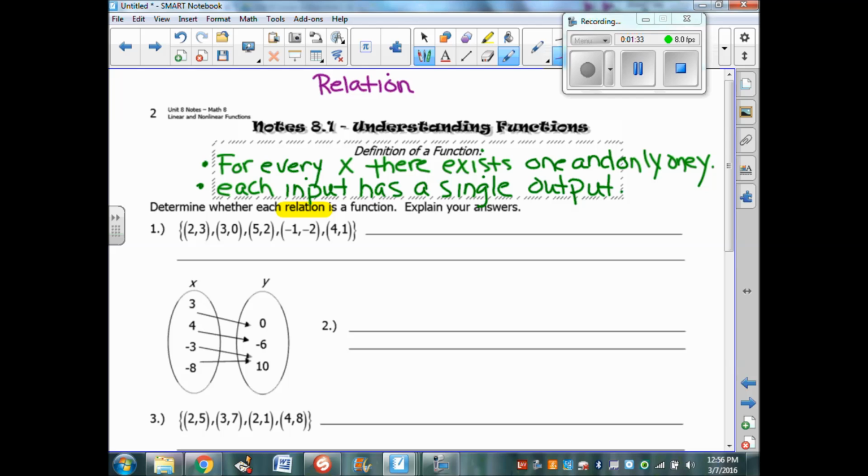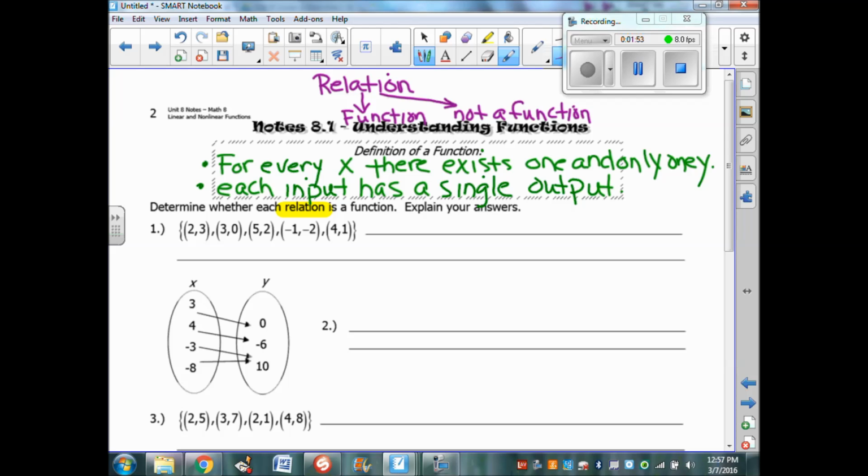And then specifically, could it be a function, or maybe it's not a function. That relation is the big umbrella, and then what's under it, functions or not functions.